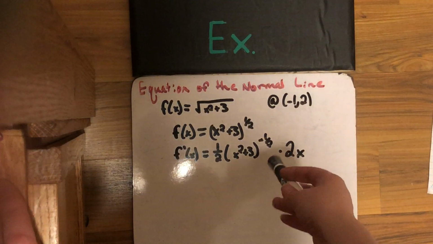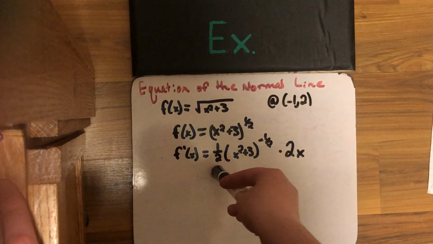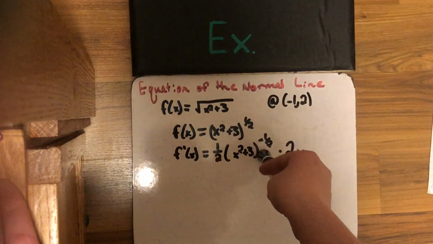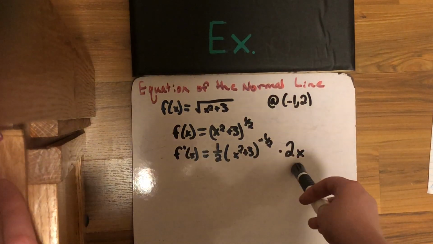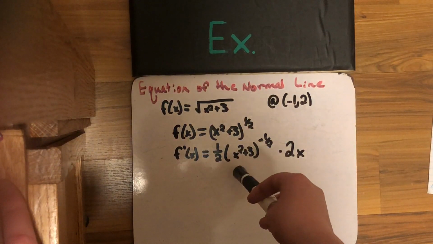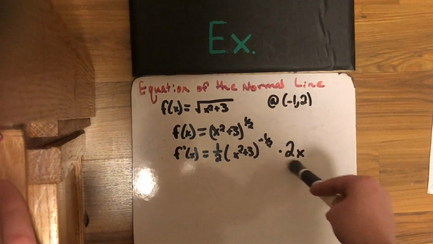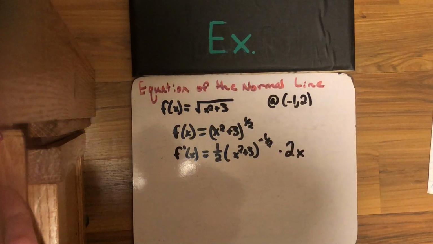So to do that, we multiplied the exponent into the front, which gave us 1/2 here, and subtracted 1, which gave us negative 1/2 in the exponent. And then we multiplied times the derivative of this, so x squared would be 2 times 1, which is 2, minus 1 is 1, so just 2x, and 3 just goes away.